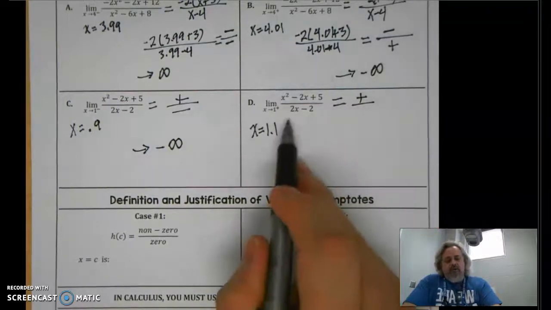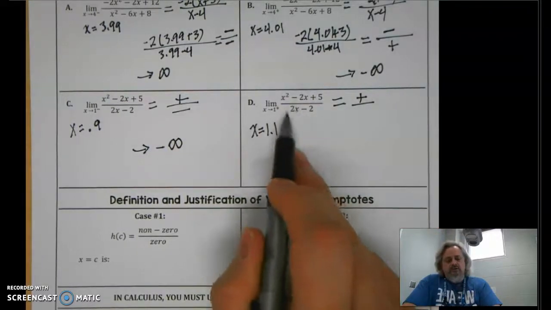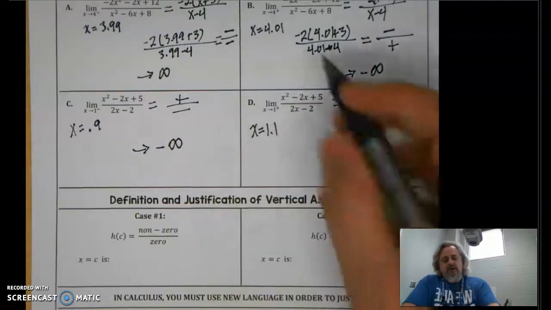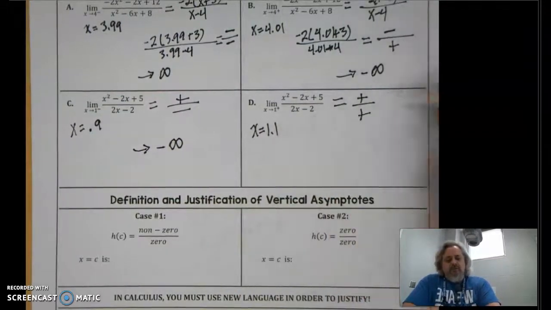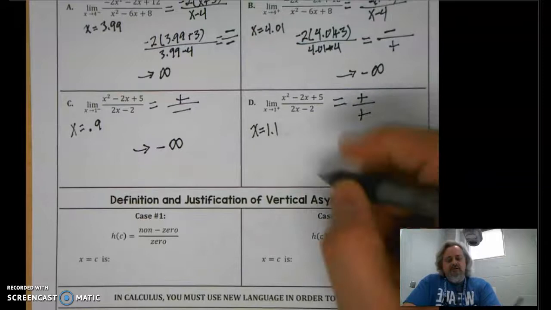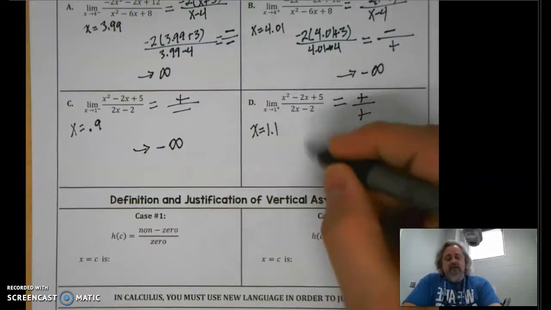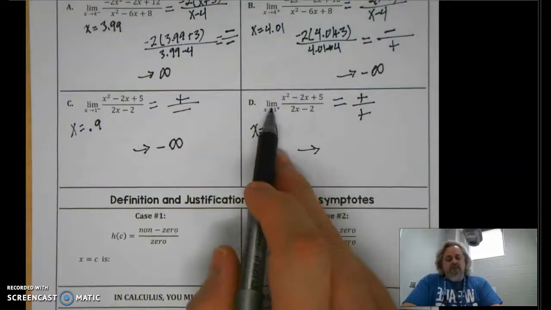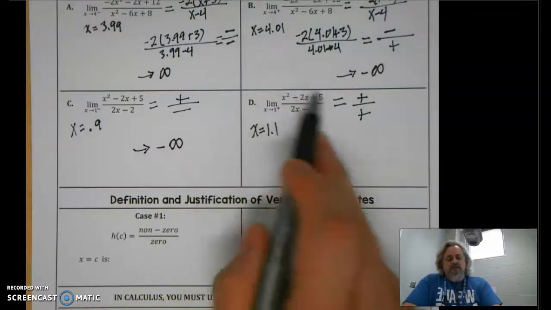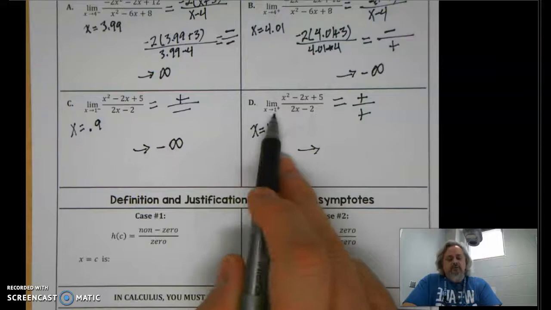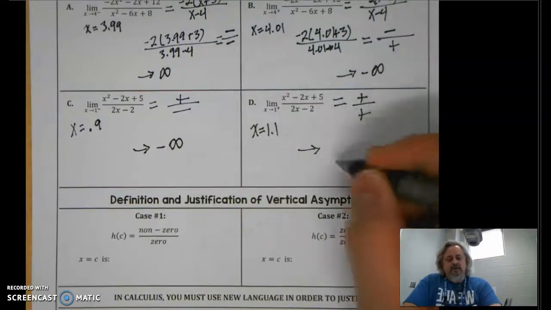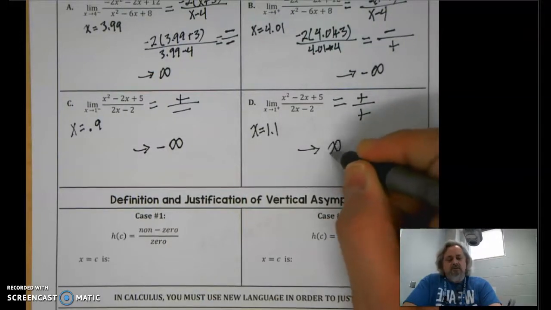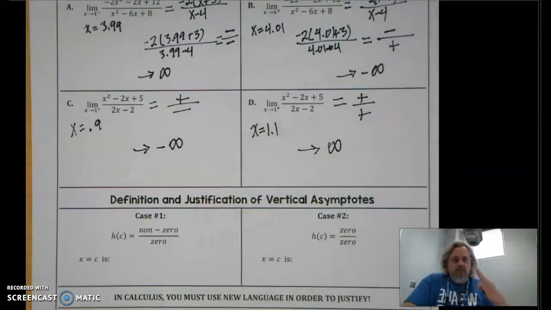And if I put the 1.1 here, we're going to wind up with something bigger than 2, minus 2. So that'll give me a positive number in the denominator also. Positive over positive says the limit will be positive. So that means the limit of this particular function, as x approaches 1 from the right-hand side, will go towards positive infinity. That's where we're going to have that vertical asymptote that goes up.